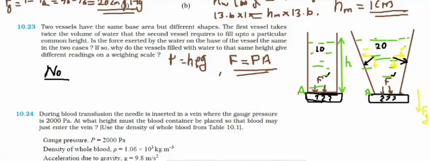The entire force applied by the liquid will be measured. Therefore, this type of cancellation is not applicable when we measure an external force acting on the liquid and the container. The whole force will be measured. Here you have 20 kilogram of water, so the measurement will be 20 kilogram. Here 10 kilogram of water, so the measurement will be 10 kilogram. Therefore, the measurement on the weighing scale will be different in these two cases.